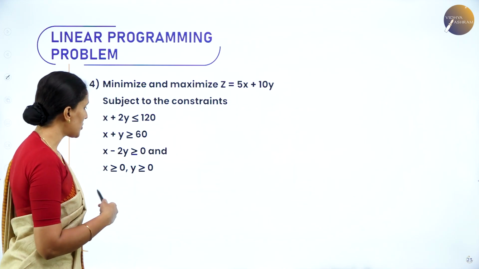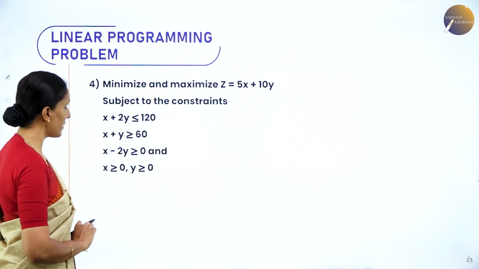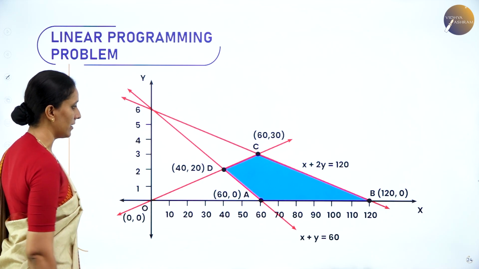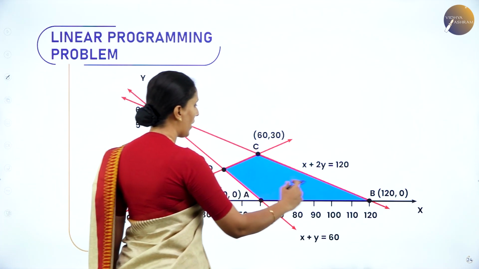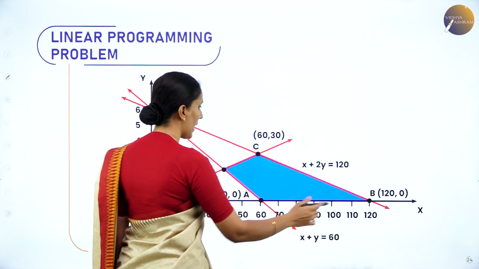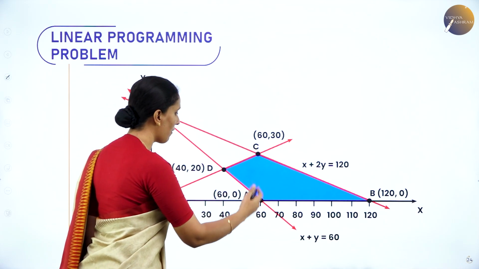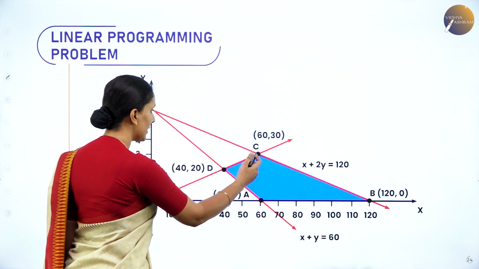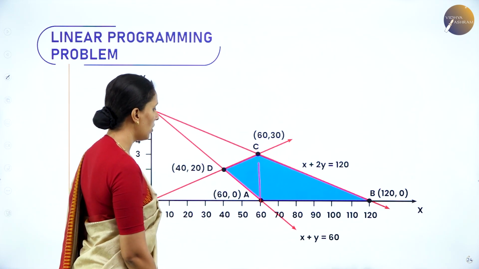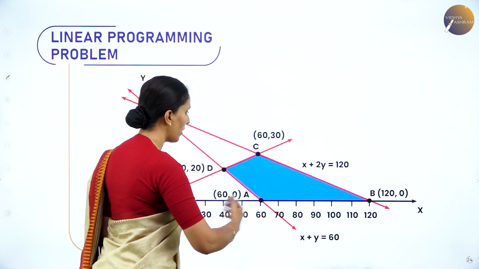Now, once you plot all these inequalities inside the graph and recognize the feasible region, for these linear inequalities the graph looks like this. Once you find the feasible region, mark the corner points A, B, C, D. Recognize the points using the graph. So for C, you can clearly see it is 60 along the x-axis and 30 along the y-axis.